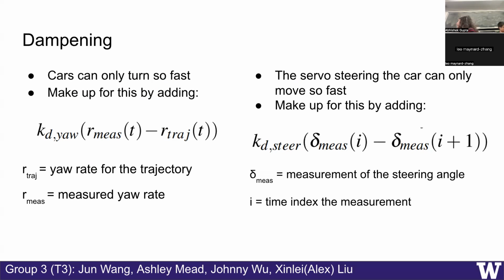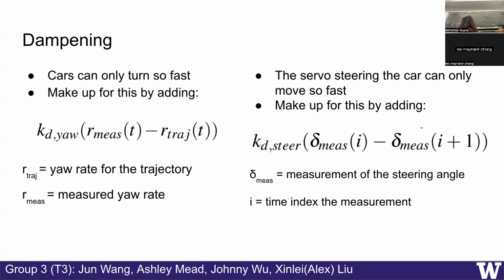So they added a term which is the difference between how fast the car is actually turning and the rate at which the trajectory is turning. It's the angle of the car versus the angle of the trajectory, so whether the car is pointed toward the trajectory or away from it.